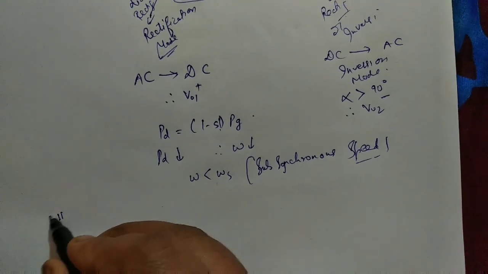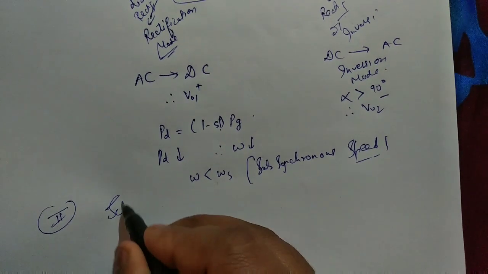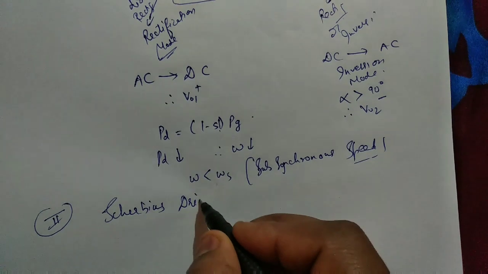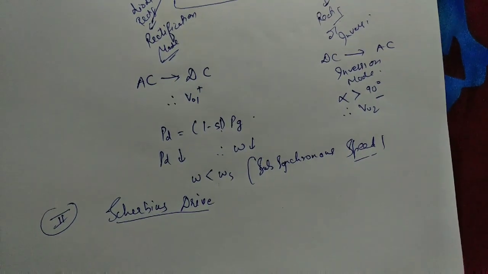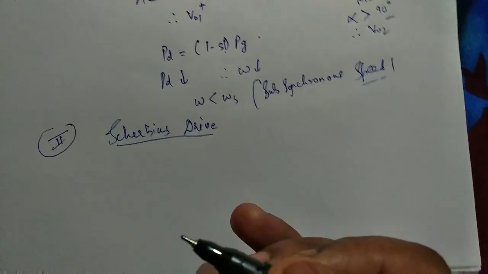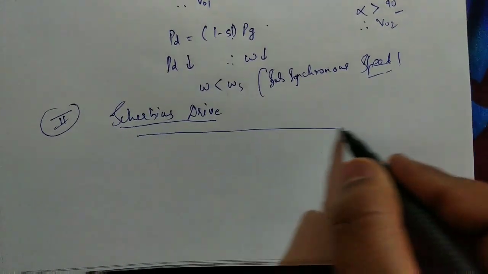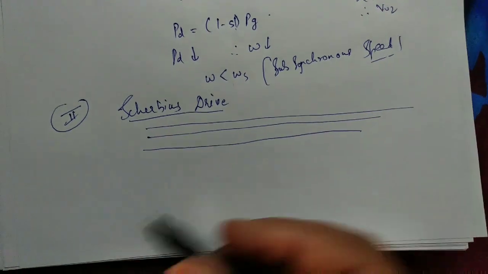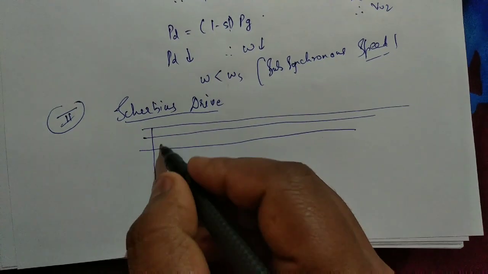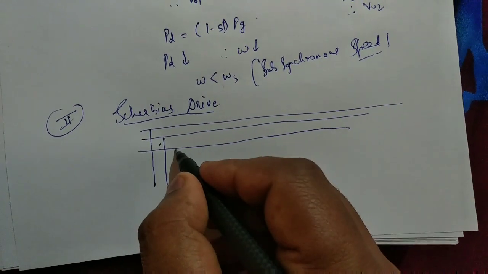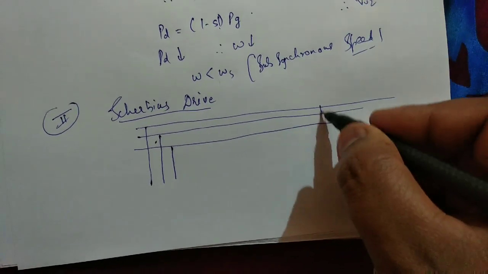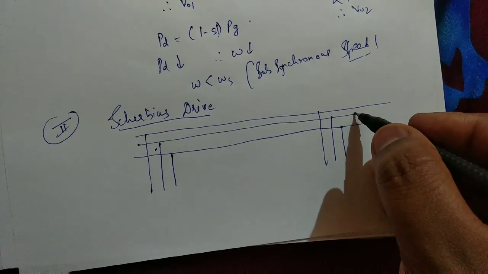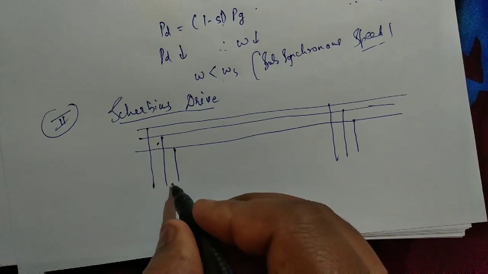Then the second drive is the Scherbius drive. In the Scherbius drive, these are the 3 phases. The only change is that in place of the diode rectifier, we will use a full wave 6 pulse converter.